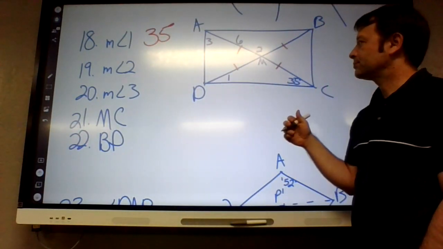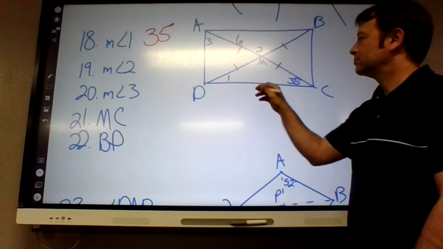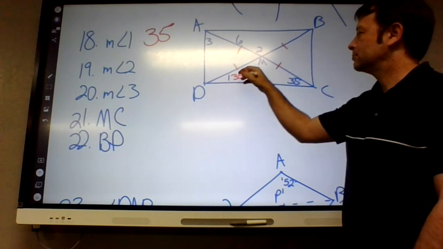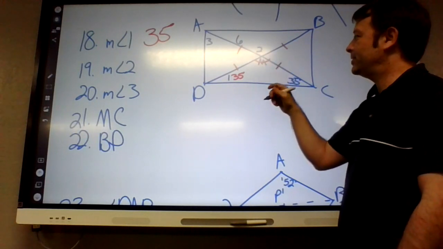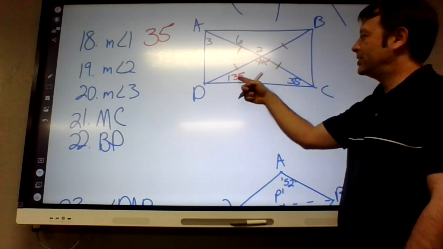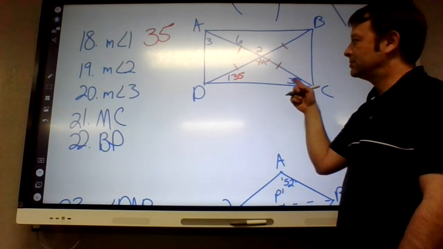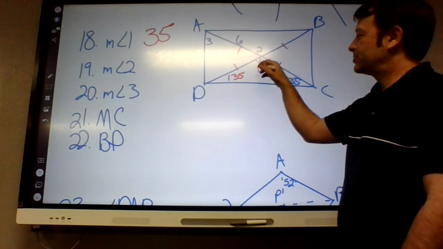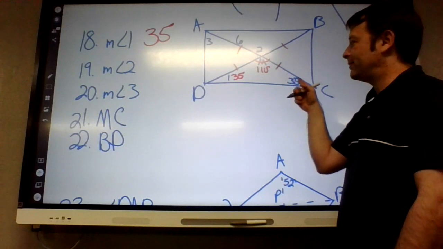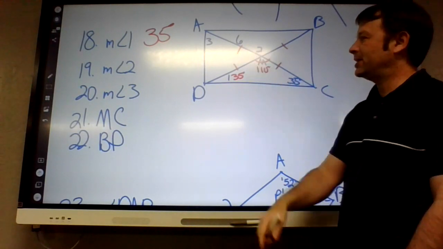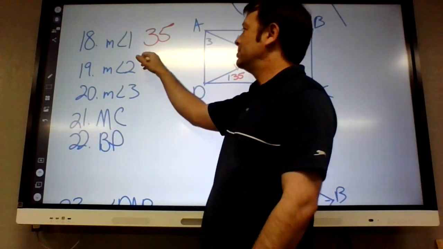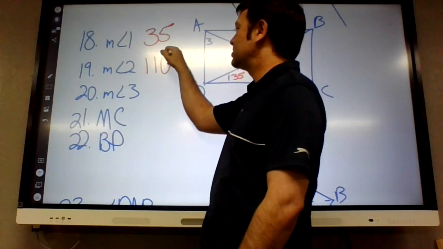Angle DMC right here must be 180 minus these two. So that's 110. 180 minus 70 is 110. So if angle DMC is 110, that means angle 2 is 110.